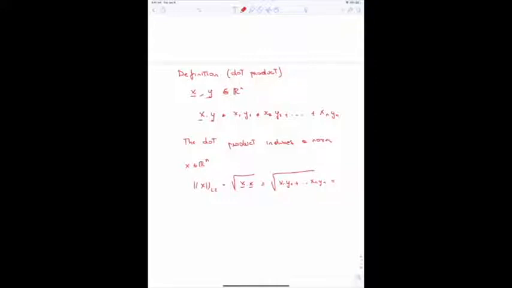Sorry, it's x times x, so this is x1 x1 through xn xn, so this is the square root of the sum of xi squared for i that goes from 1 to n. So by using the definition of the dot product here, we define the norm L2.